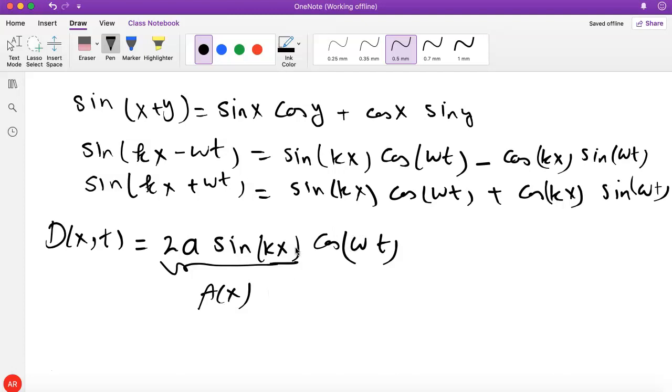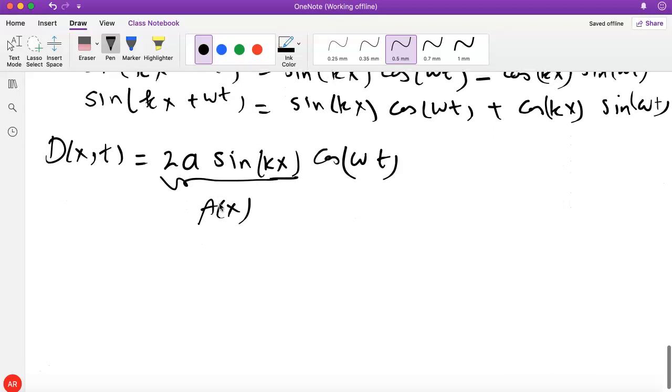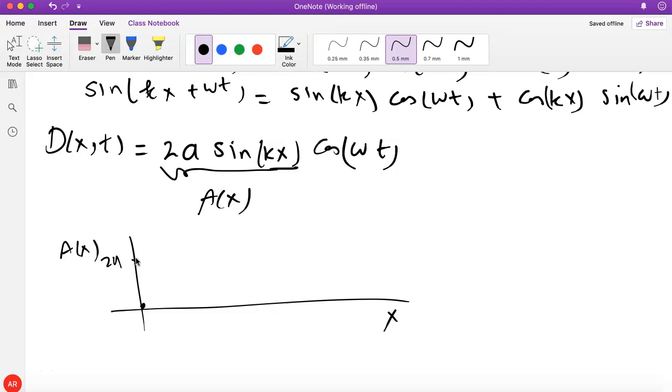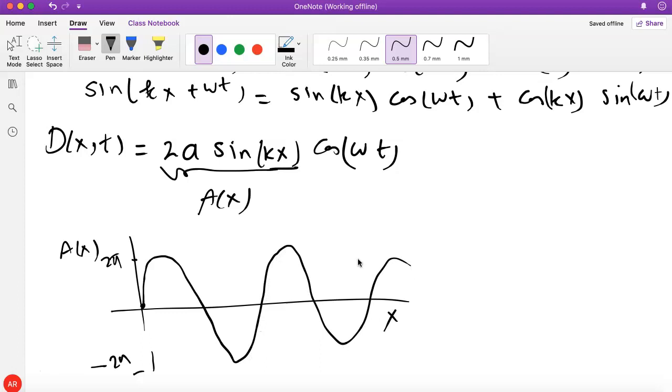And then we perform this simple harmonic motion with frequency omega. If you plot the amplitude, let's say this is x, this is A of x. It's going to go to a maximum, let's say 2a, and the minimum will be minus 2a. And it does this thing, right? And the wavelength is, again, from here to here, we have lambda. That's the wavelength.